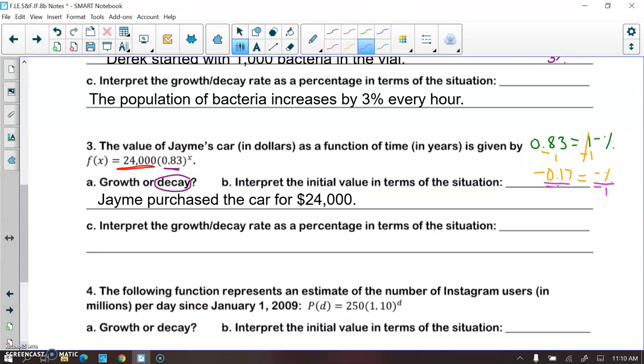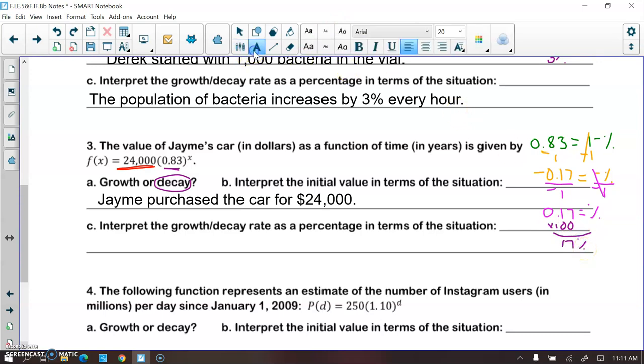Dividing by negative 1 on both sides, I get 0.17 is equal to my percent expressed as a decimal. To get it into percentage form, we multiply by 100 to get 17%.